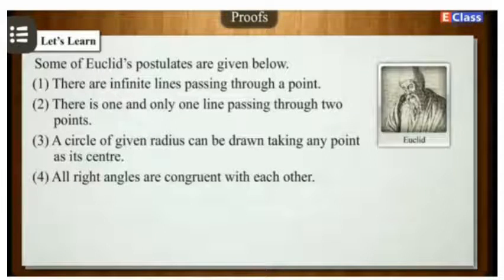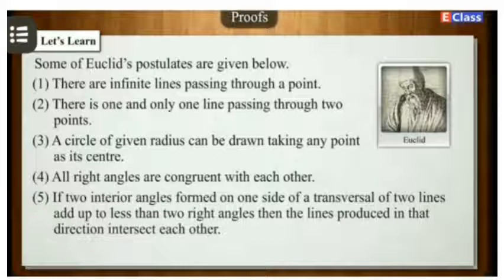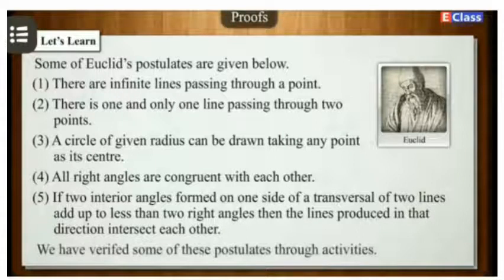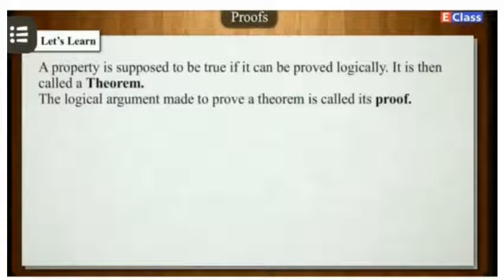5. If two interior angles formed on one side of a transversal of two lines add up to less than 2 right angles, then the lines produced in that direction intersect each other. We have verified some of these postulates through activities. A property is supposed to be true if it can be proved logically.